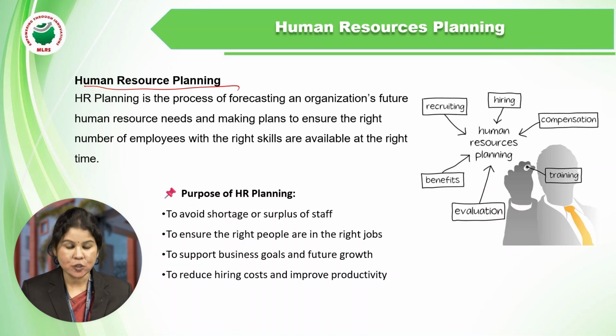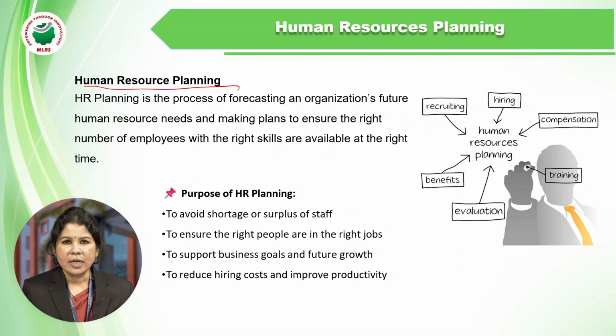HR planning is a process of forecasting an organization's future human resource needs and making plans to ensure the right number of employees with the right skills are available at the right time. Simply, human resource management is giving the right number of employees with the right skills.